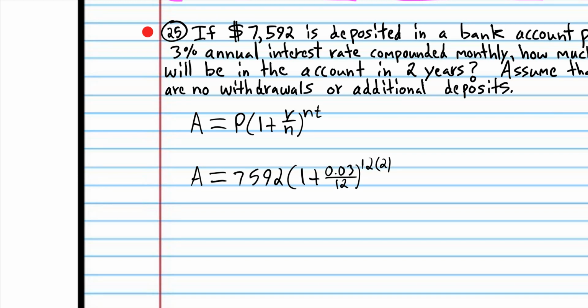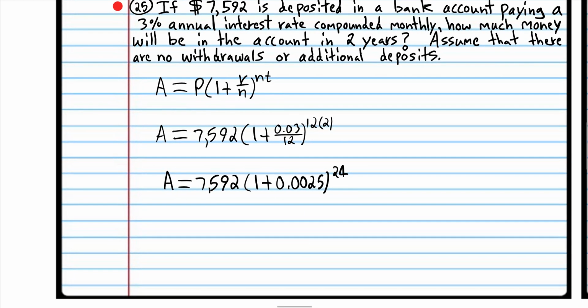So let's do 0.03 divided by 12 first. And we get 0.0025. And 12 times 2 is 24, so I'm going to go ahead and calculate that. This is all review stuff, by the way, so you've seen this before. And then I'm going to add these numbers here.